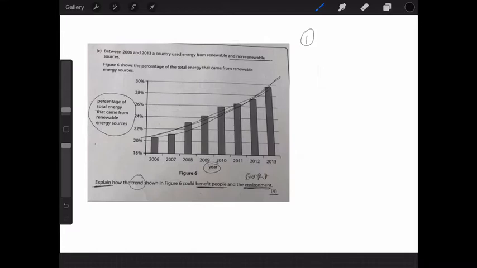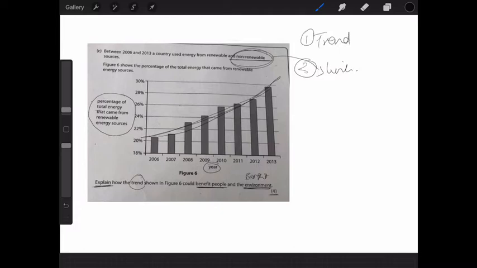Then I would come to the link to what that means about non-renewables. Second thing I would do, so trend for the first one. Second, link to the question. I would point out here that means if we're using more renewable sources, that we've reduced our use of non-renewable fuels.